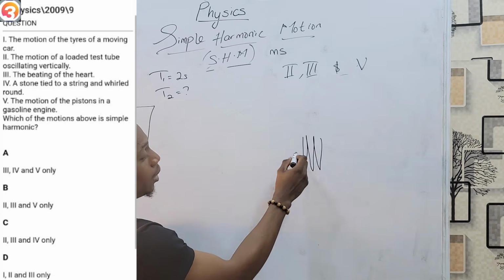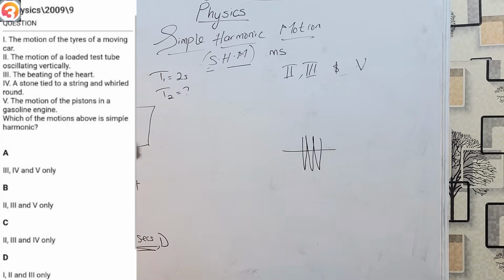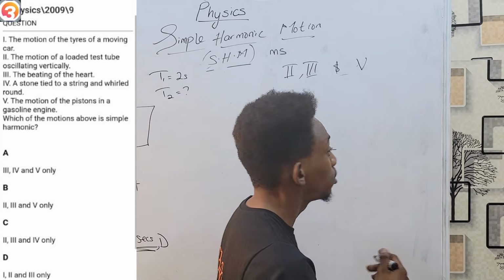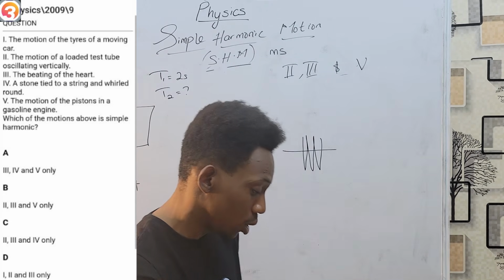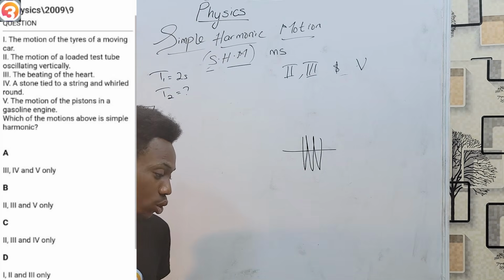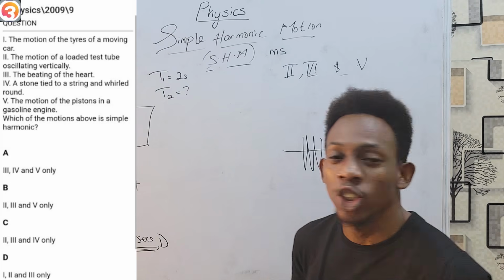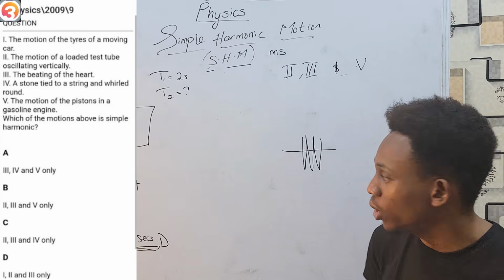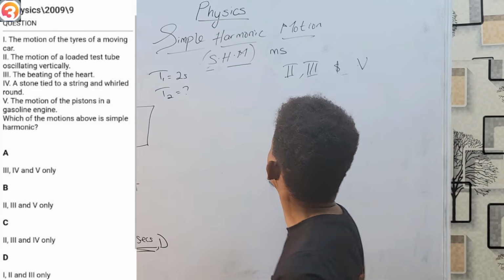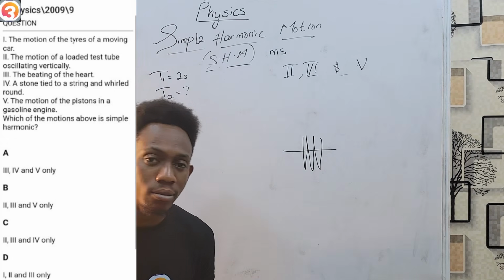The equilibrium position is somewhere here in the middle and it is oscillating. Simple harmonic. Beating of the heart, simple harmonic, in and out. Then pistons in the gasoline engine, basically that. So please note, in most cases, vibratory motion is usually simple harmonic. So my answer here, 2, 3, and 5, must be option B.